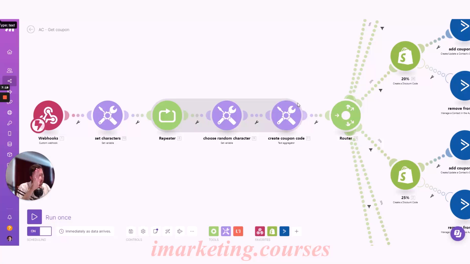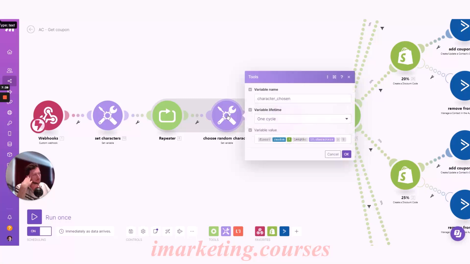Then we're going to repeat this 5 times. Now, we're only repeating up to the aggregator module because the aggregator, remember, is acting like a bucket. So we've got the repeater, which is acting like an iterator, and we're iterating the same thing. We're creating the same thing 5 times, and then we're collecting them all in the bucket at the end. So we're putting 5 things into the bucket, right?